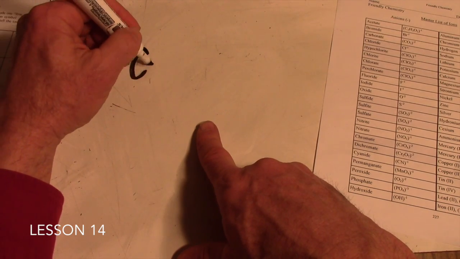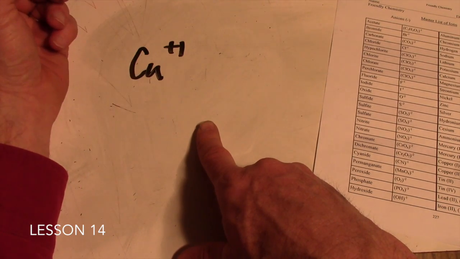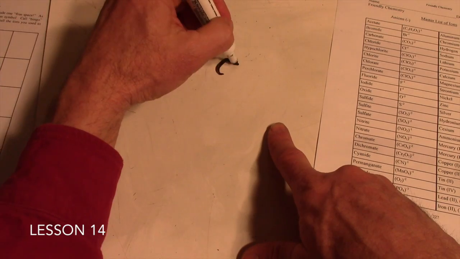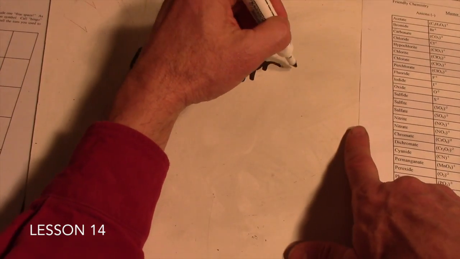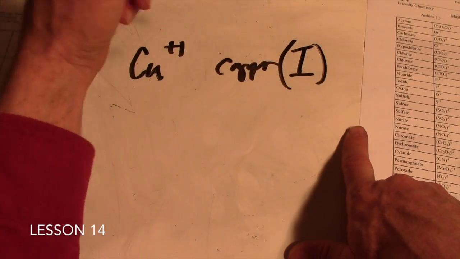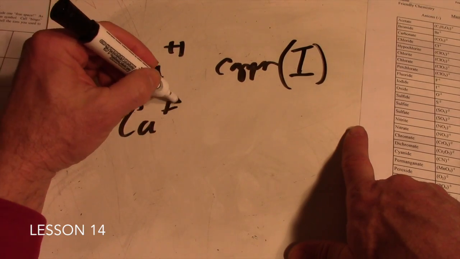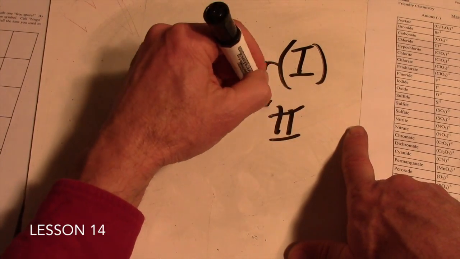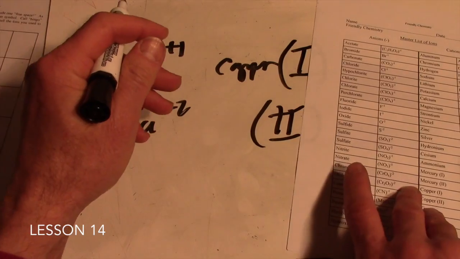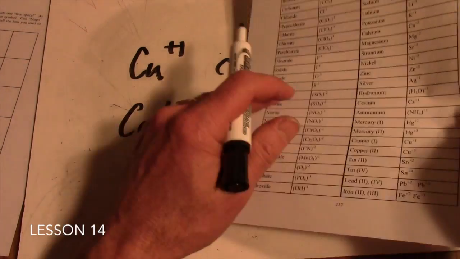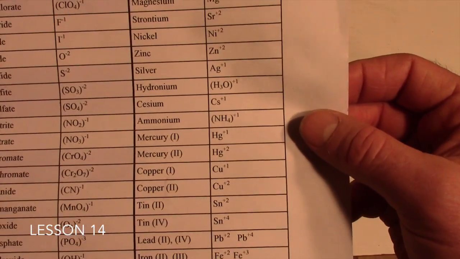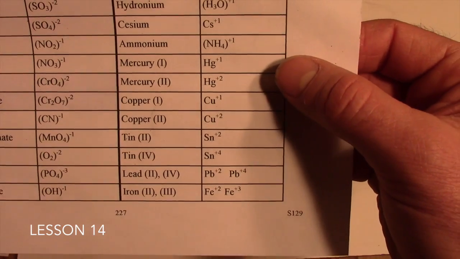So if it's Cu plus 1, it's just copper Roman numeral 1, and the Cu plus 2 is copper Roman numeral 2. So this set in essence are the easy ones because the Roman numeral tells you the charge.